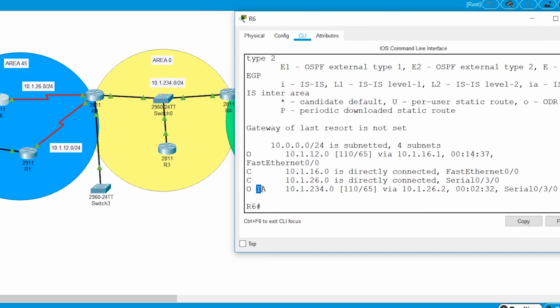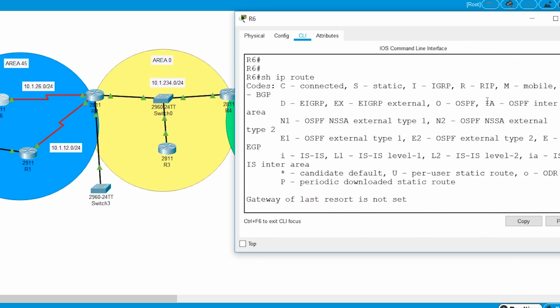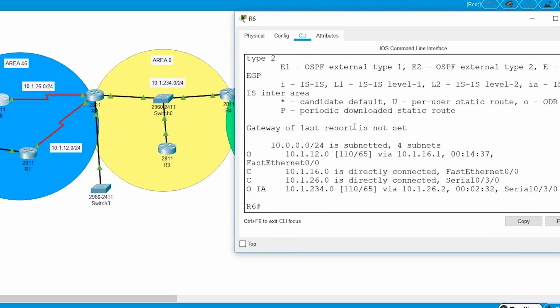You can see that there is this IA, which is inter area. We can look at the legend here. IA, OSPF inter area. That means this network is coming from a different area. It's not from the same area, area 45.